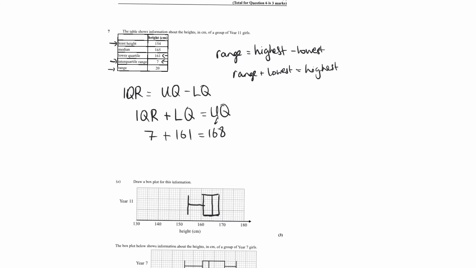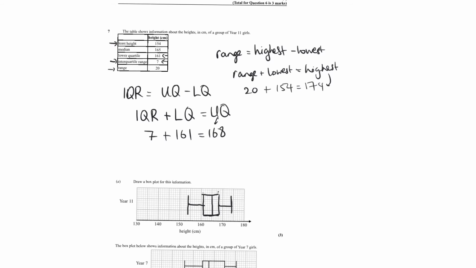So we would end up doing 20 plus 154, which would give us 174. So we know the highest value is 174. So if I draw a line on 174, that's going to be the rest of my box plot. So remember, the parts of the box are lower quartile, upper quartile, with the median in the middle.